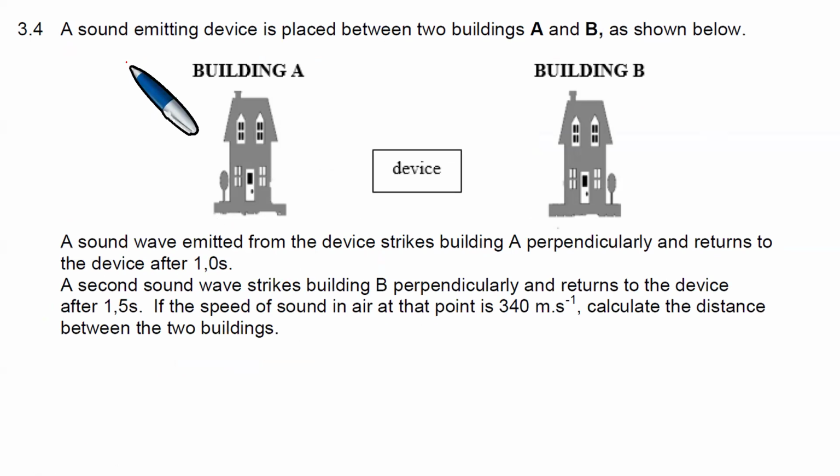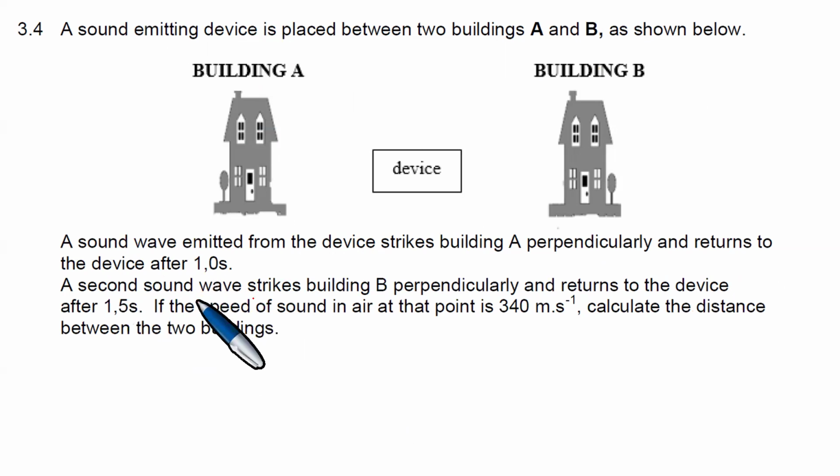Okay, let's look at the next one. A sound emitting device is placed between two buildings A and B as shown below. Here's building A and building B, and there's a device between the two buildings. A sound wave emitted from the device strikes building A and perpendicularly returns to the device after 1,0 seconds.